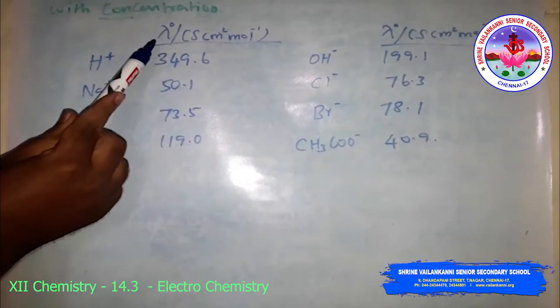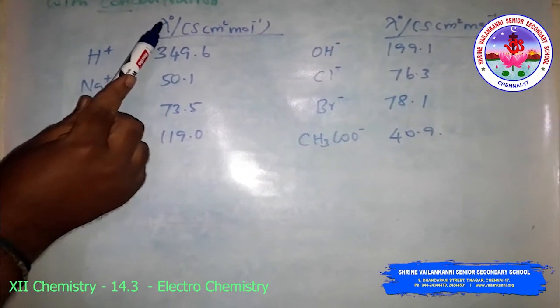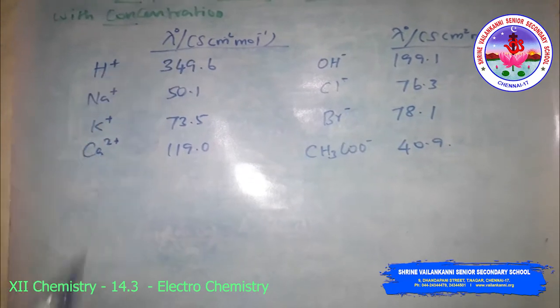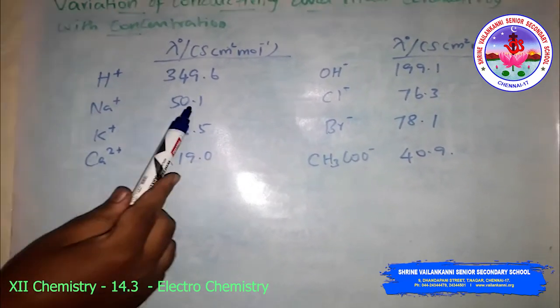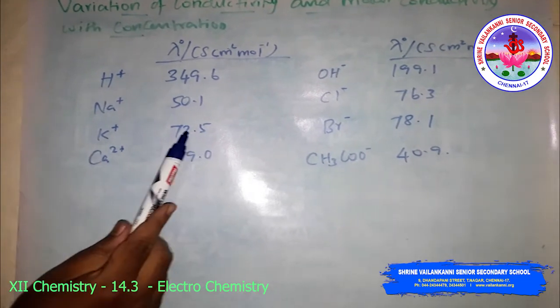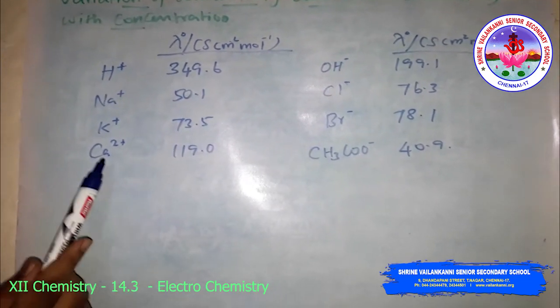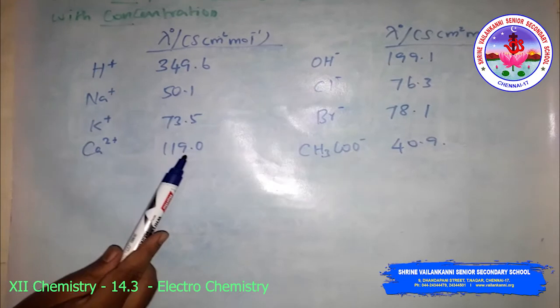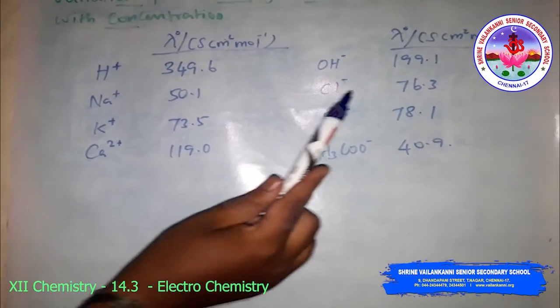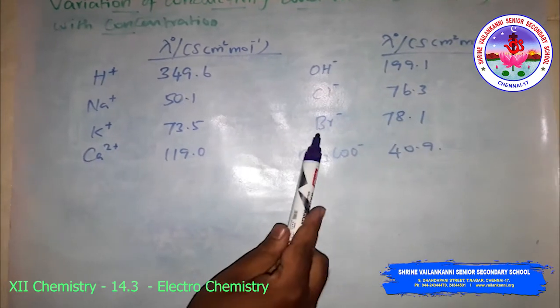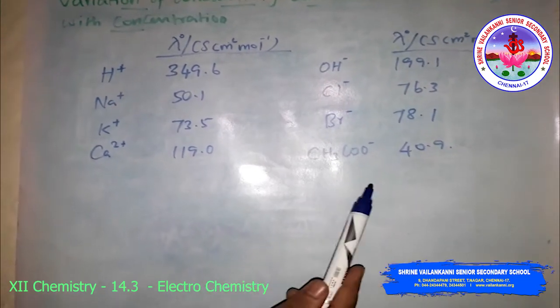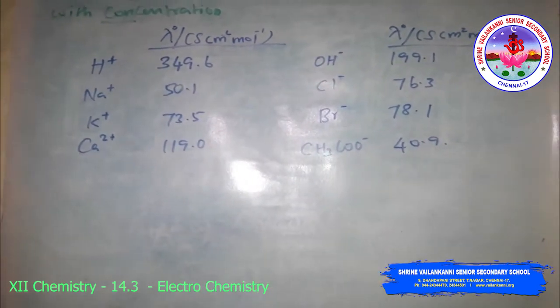The unit is lambda naught in Siemens centimeter square per mole. Then sodium ion 50.1, potassium ion 73.5, calcium 2 plus ion 119.0, hydroxide ion 199.1, chloride ion 76.3, bromide ion 78.1, and acetate ion 40.9.